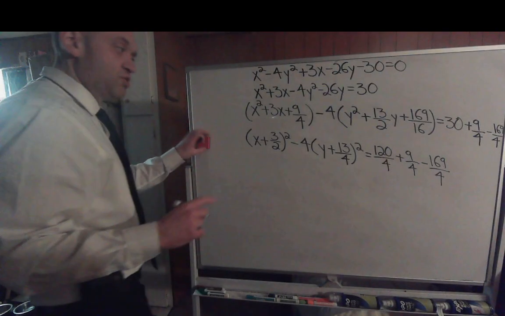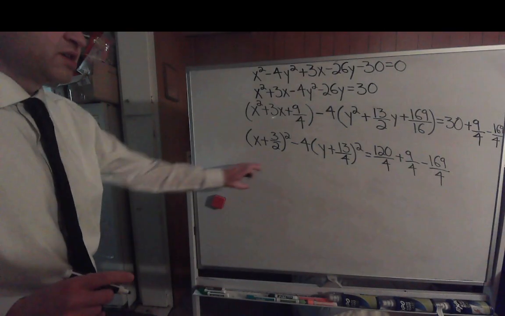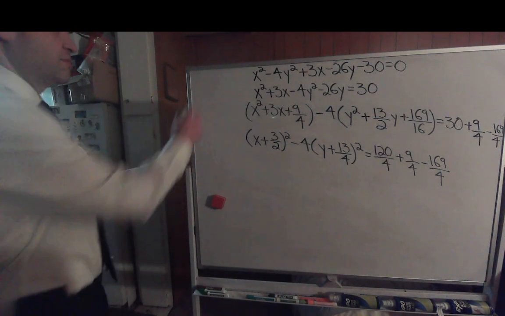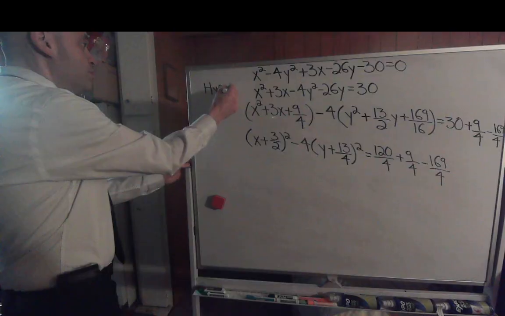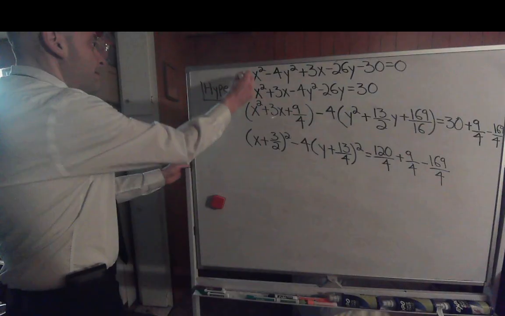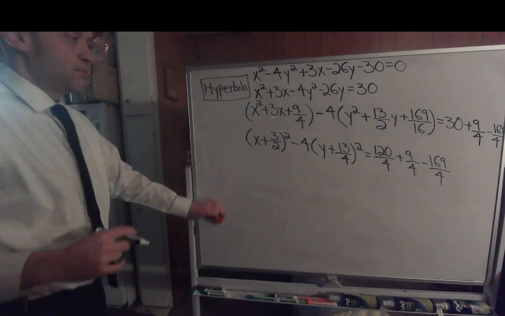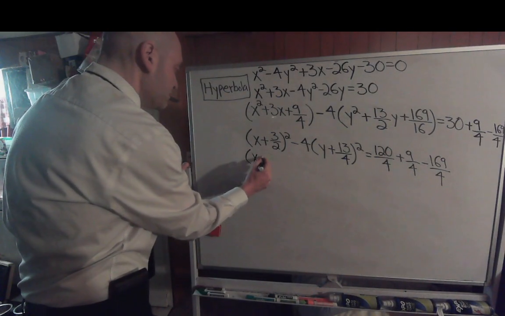By now, this should be starting to become clear that we're dealing with a hyperbola, right? We're dealing with a hyperbola based on the type of equation. So we have clearly identified a hyperbola based on what we're dealing with here. But let's get into more specifics. So the right-hand side would simplify more.